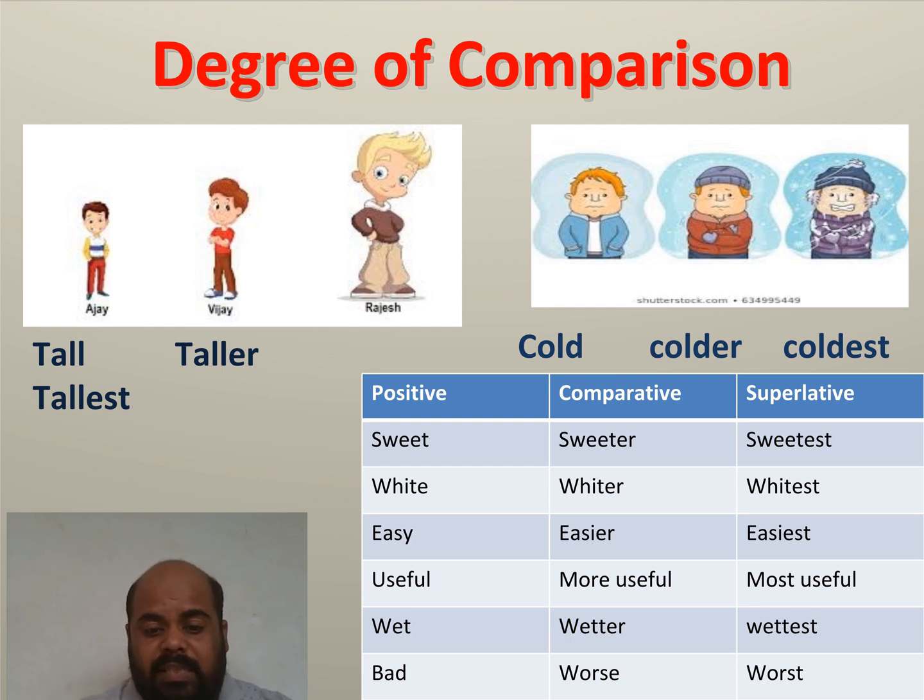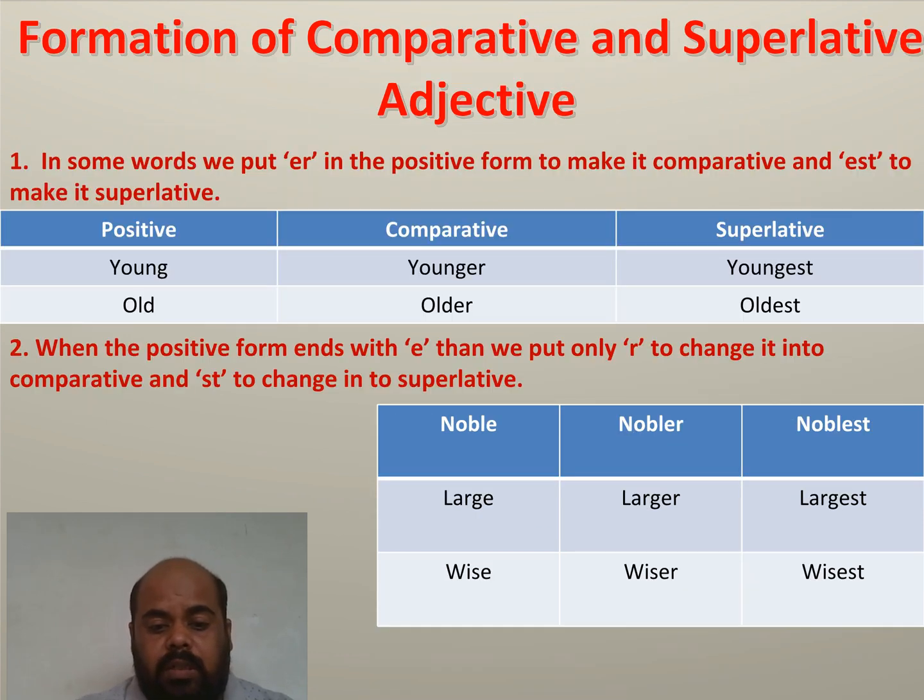So in all these examples you have seen some pattern. All these words have been precisely selected because these are different kinds of words. Now I will tell you in the next slide how we can form these words from positive to comparative or superlative.